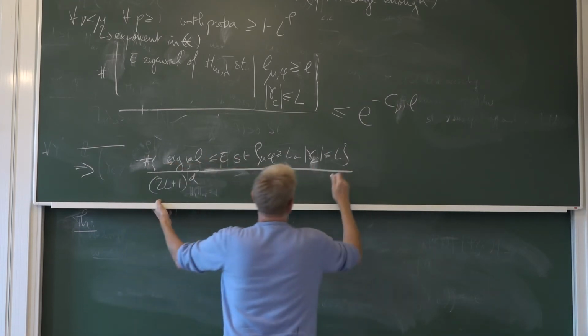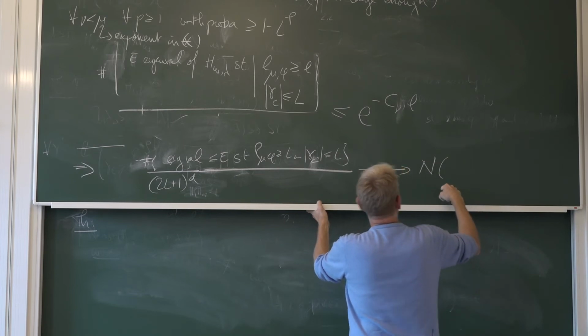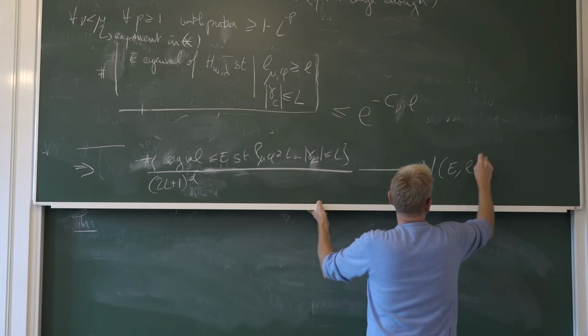Divide this by 2L plus 1 to the D, and this converges to the distribution function of some measure in two variables, right?